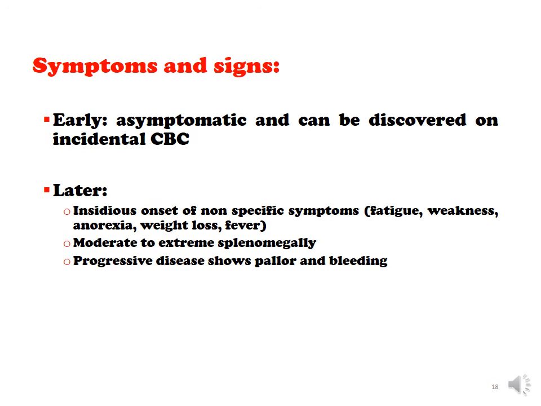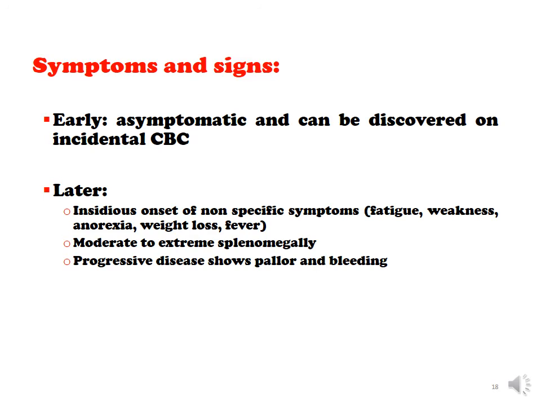A big part of the patients present with splenomegaly because it might cause early satiety and a heavy dragging pain. So the patient goes to investigate the cause of this pain, and discovers that he has splenomegaly.